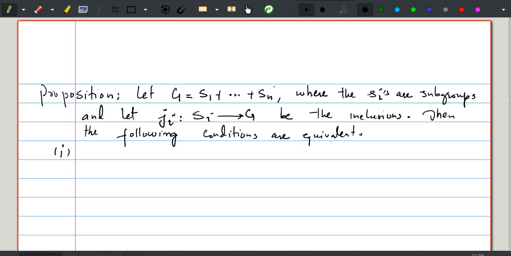So we have the first item: G is the direct sum of these Si's.